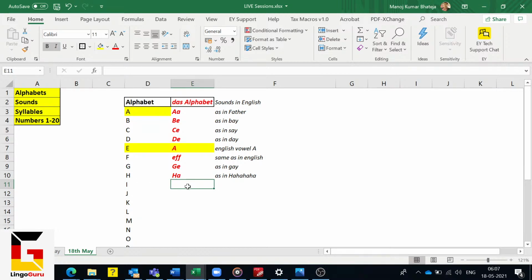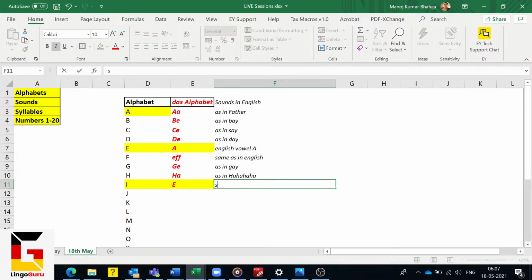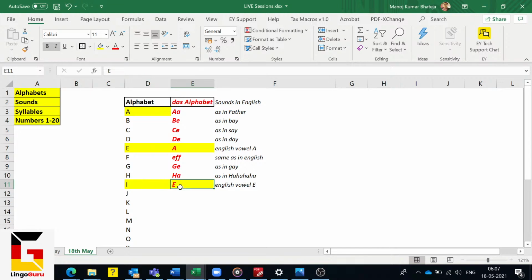The next we have is E. Now, this is my third vowel, which is going to be pronounced exactly the same as we pronounce English E. We will never pronounce it as I. We pronounce it as E. So let's practice again. A, B, C, D, A, F, G, H, E.